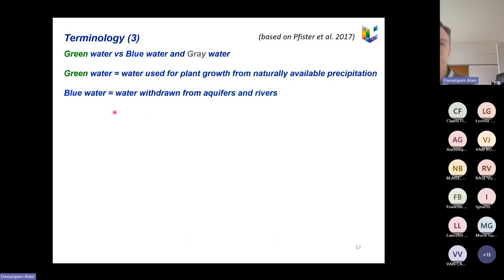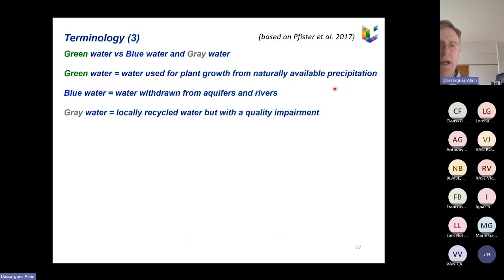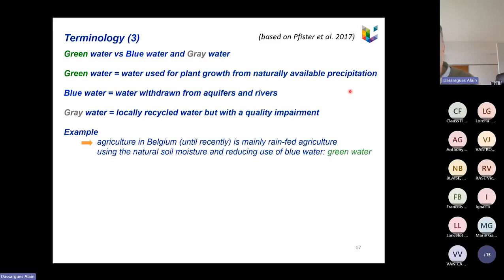So that's the water that is withdrawn from aquifers and rivers. And what we call gray water is the locally recycled water. But of course, if it's recycled, usually we have quality impairment, so it costs to improve that. And so that's why it is called gray water.